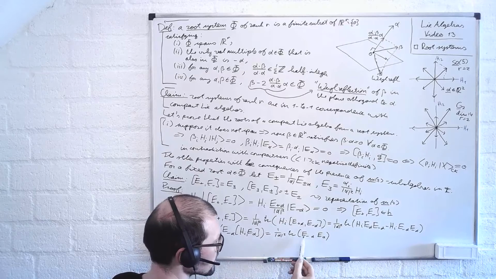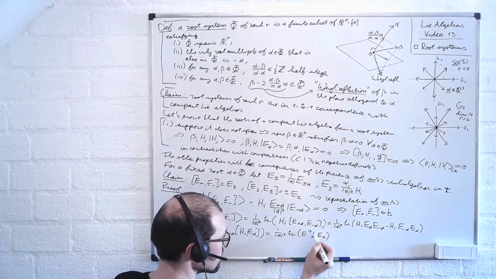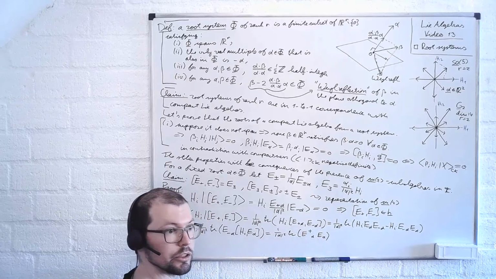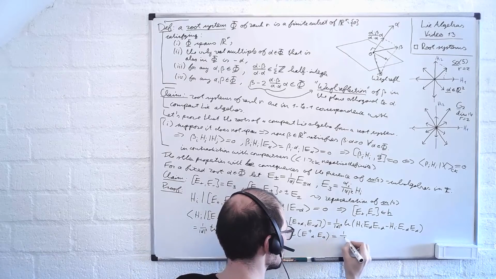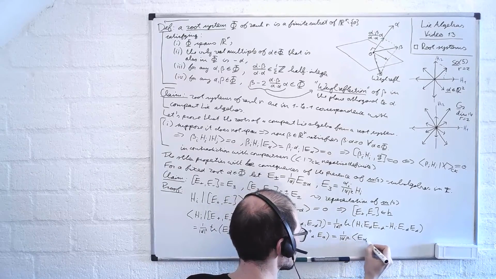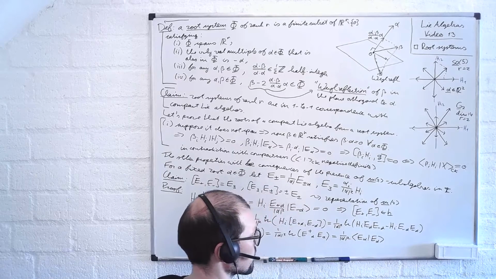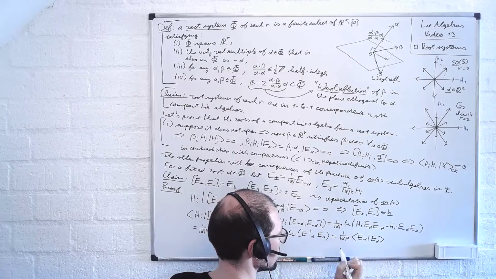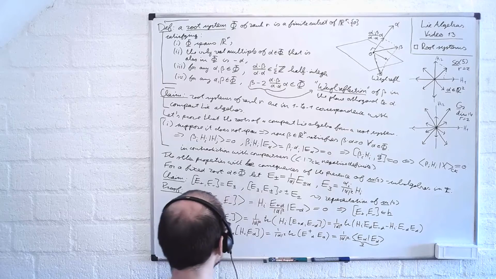And recall also that E minus alpha, we had chosen the basis such that this is the Hermitian conjugate of E alpha. So this is really 1 over alpha squared of the inner product of E alpha with itself. But we had also chosen these to be normalized, so this is equal to 1.